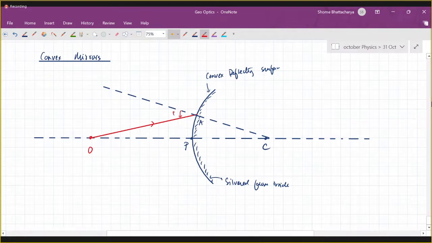So after reflection, it has to deviate in such a way that when you produce the reflected rays back, they appear to be coming from a virtual point I like this over here.